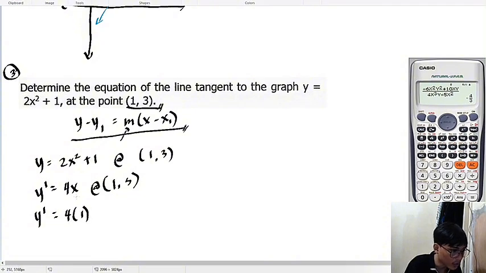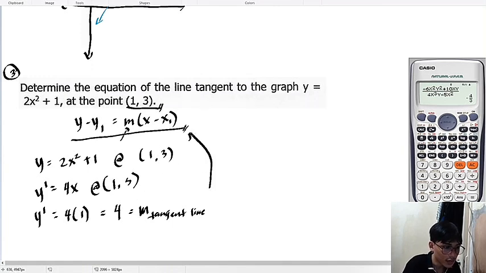Kay wala man tayo given nga y, ang function ra. So meaning 1 ra tong gamiton diri. So we have here 4 times 1 is simply 4, or the slope of our equation or of our tangent line.